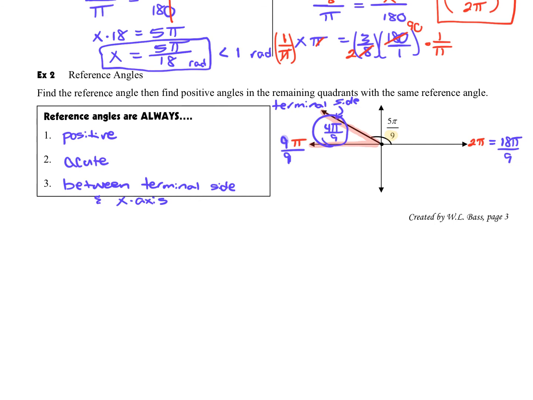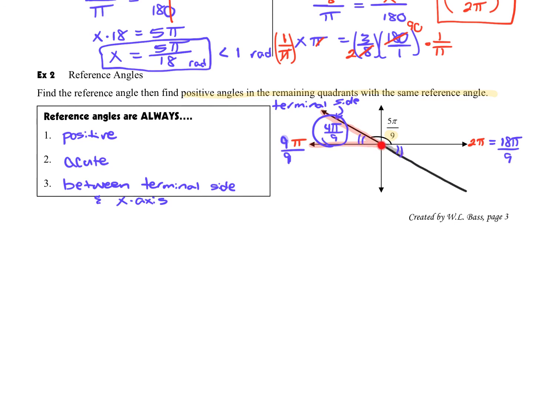Now, notice that it also asks me to find positive angles in the remaining quadrants with the same reference angle. So what we can do there is we can say, okay, I'm going to make an angle down here. Keep forgetting to switch that, sorry. I'm going to make an angle down here, and notice that now I've created vertical angles from my good geometry days, okay?